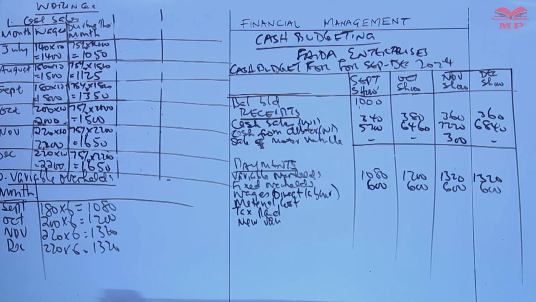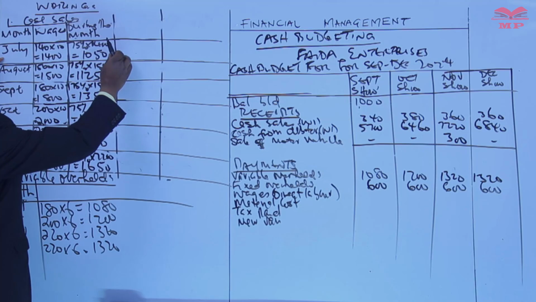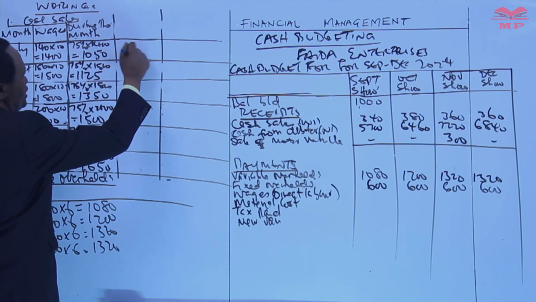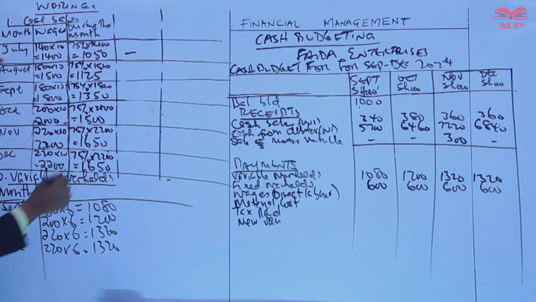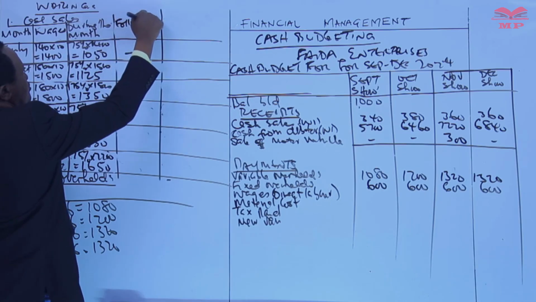That is the amount that was paid during the month, and 25% in the following month. That means in the month of July, the 25% was not paid. This is the following month.